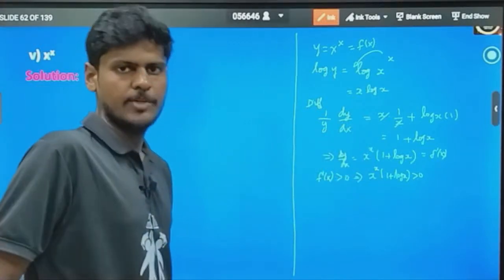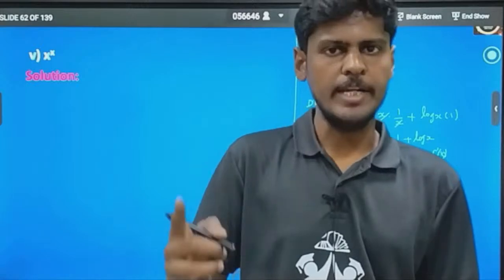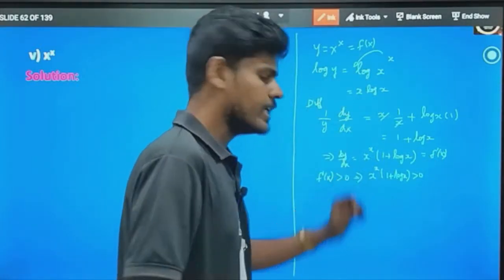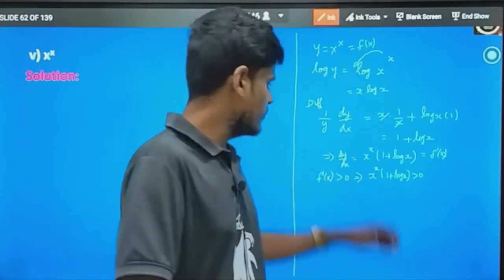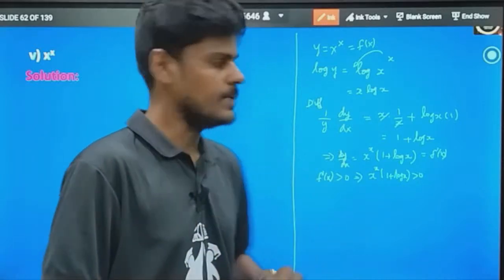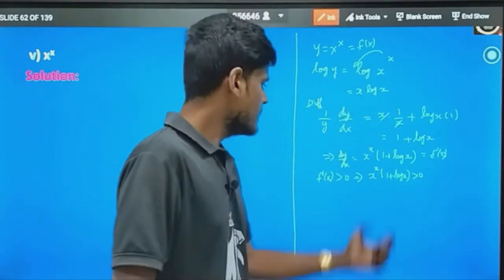x power x is a positive quantity, because for a function of the form a power x to be defined, it is always a positive quantity. If we have a negative base, this becomes a relation, not a function. So when x power x is a function, the base should always be positive. That is the prerequisite definition of exponential functions.